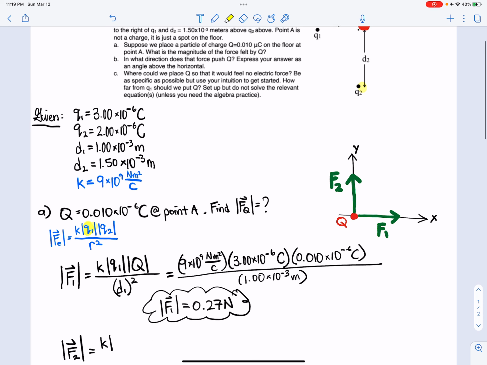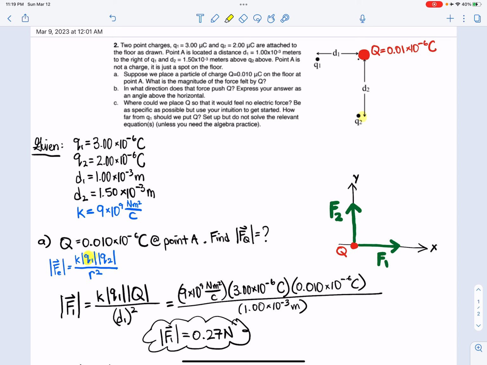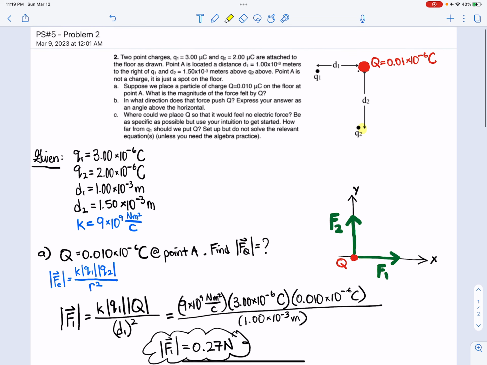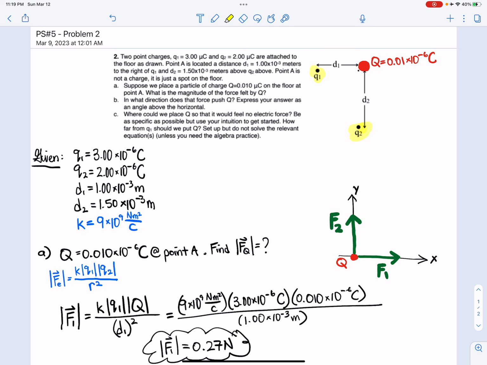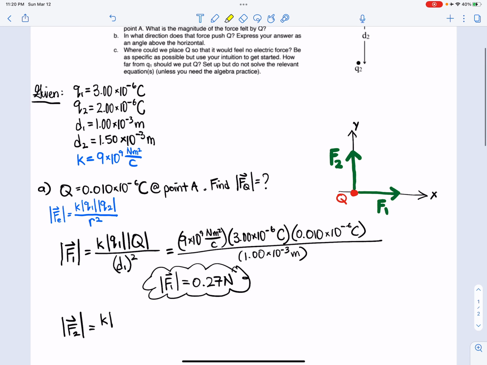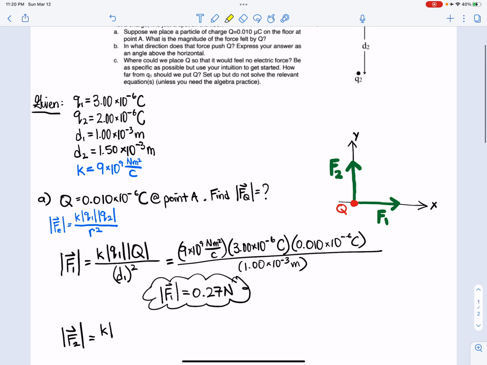So initially, our source charge for F1 was Q1, but now for F2, our source charge is now Q2, okay? And then this is going to be the charge of capital Q, the particle of charge that we add.